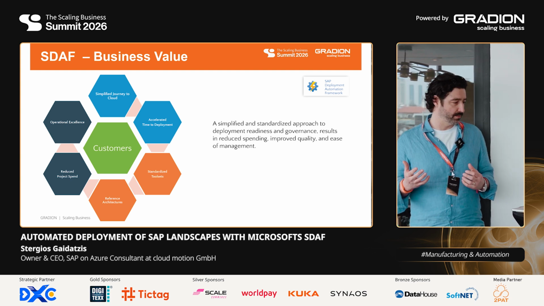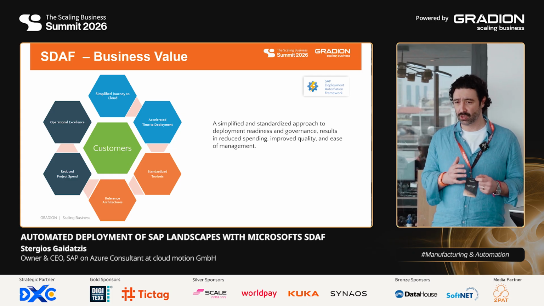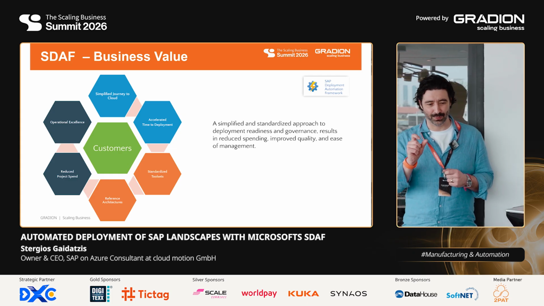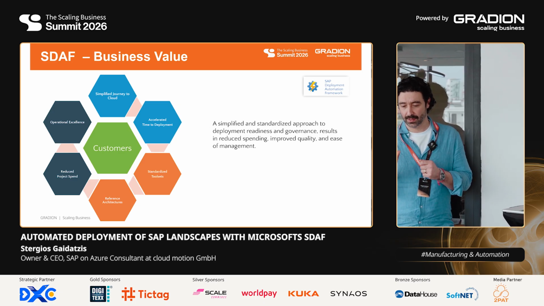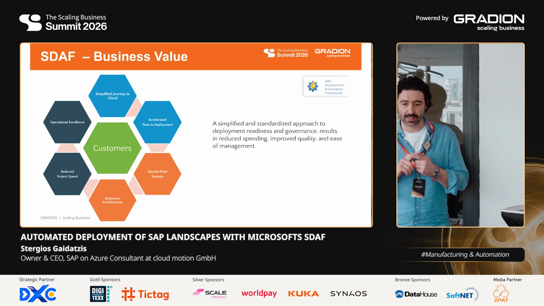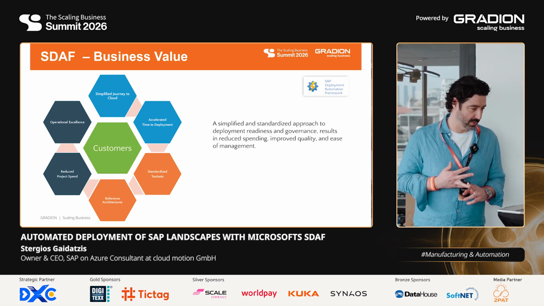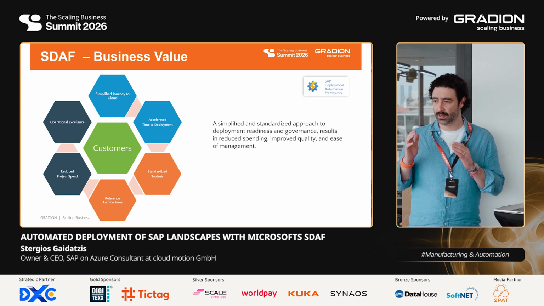So it points to the documentation from Microsoft, and you take the VMs plus the right disks plus the right configuration of network interfaces. So you deploy a system and it's fully supported.